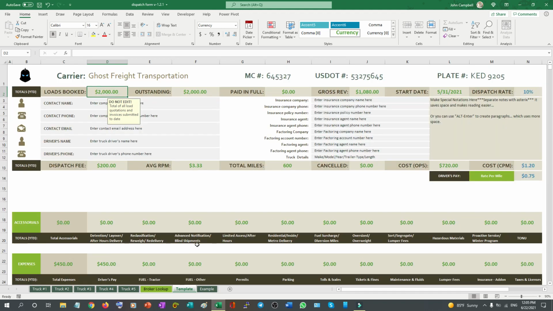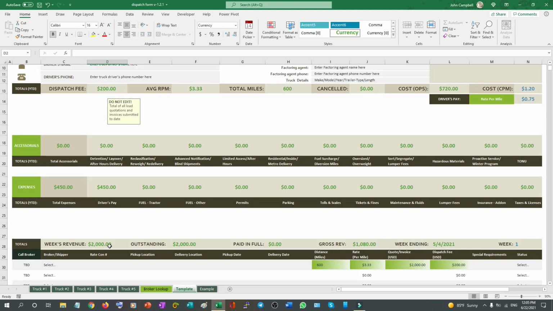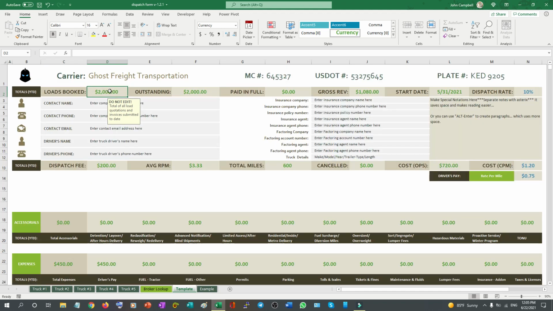And the total of the week's revenue you will see here in loads booked, which is $2,000, right? So once it's been booked, it's going to show up here.